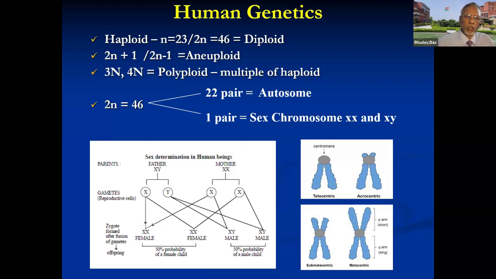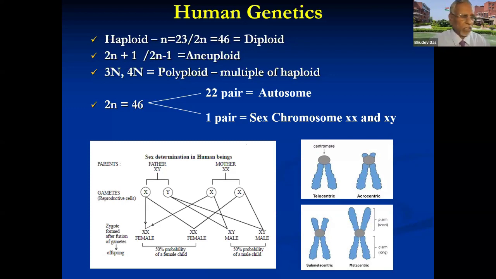So 2n is equal to 46: 22 pairs of autosomes and 1 pair of sex chromosomes, X and Y. These are the different categories of chromosomes that you find.